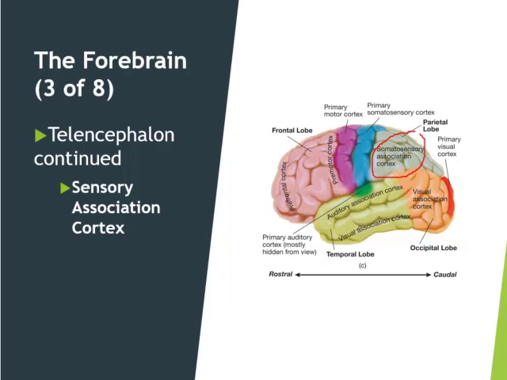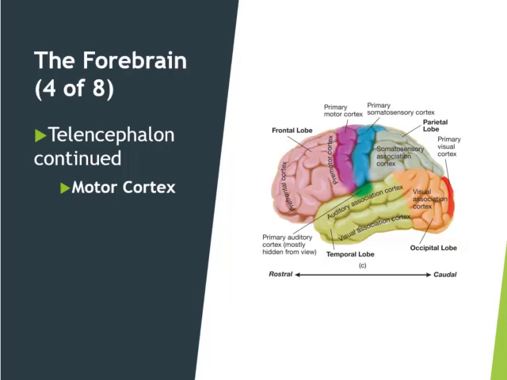Perception takes place and memories are stored there. Regions close to the primary sensory areas receive information from only one sensory system. And that will become apparent later on in the semester when we talk about sensation and perception.